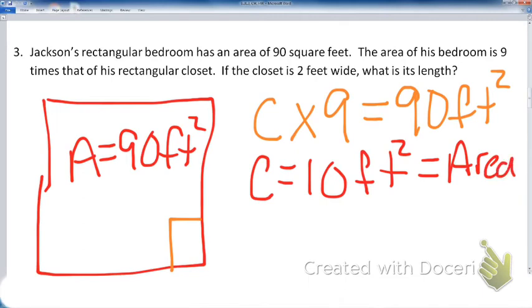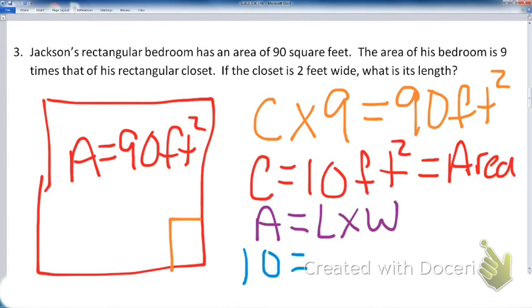So the area of his closet is 10 square feet. Now all we need is its width and length. Area equals length times width. We already know the area of his closet is 10, so now we need the length and width.